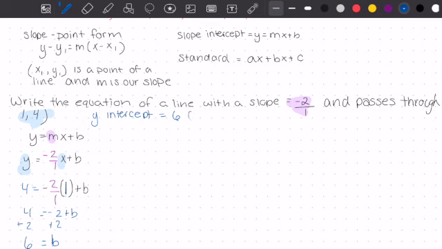So the point on the line would look like 0, 6. Now, I can also use slope point form. Personally, not my favorite way to solve for it, but some people like it, so we're going to go through it. So we're going to substitute m and our point into slope point form, which again is y minus y1 equals m and then x minus x1.